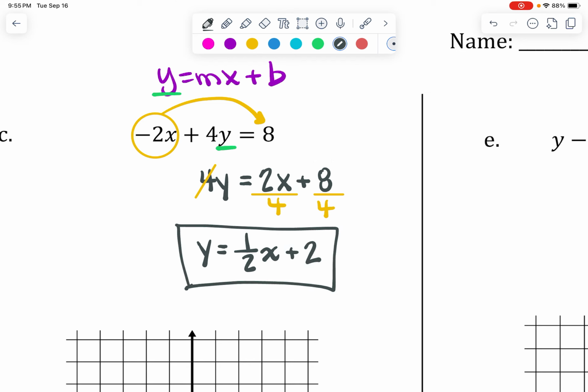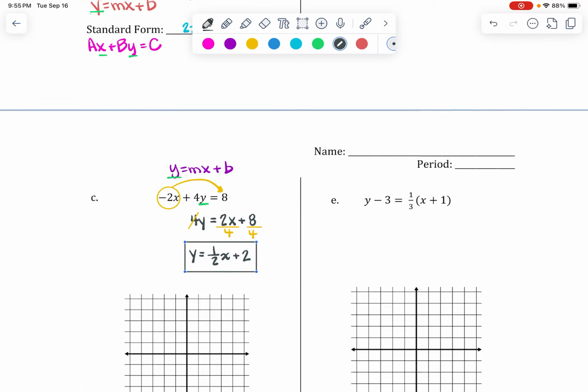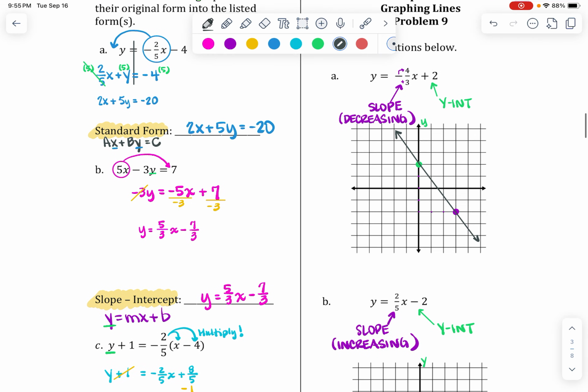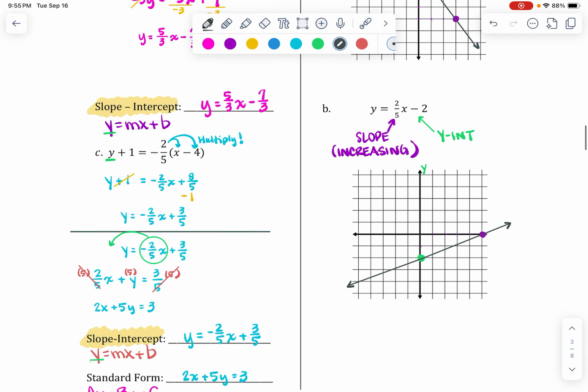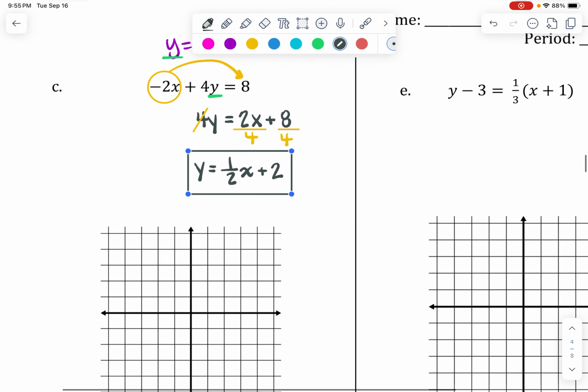So here's our linear equation in y equals mx plus b form. And now we're right back to our other graphs, right? We love graphing in y equals mx plus b form. But if we can't get it in that form, then we're in trouble, right? It's like literally the number one skill of an Algebra 1 student is being able to convert things into slope-intercept form. Again, my slope is positive.